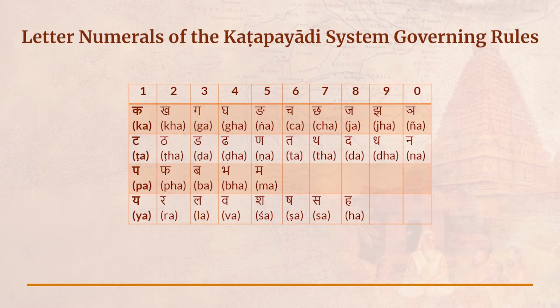Similarly, if you want to represent the number 9, then you go to this column, what you find is you can use ja or dha, any of these two can be used. So now we have a mechanism to represent numerals with letters or alphabets.